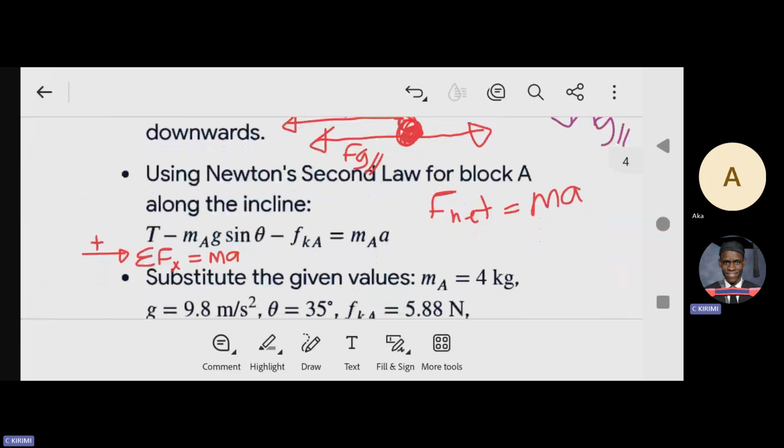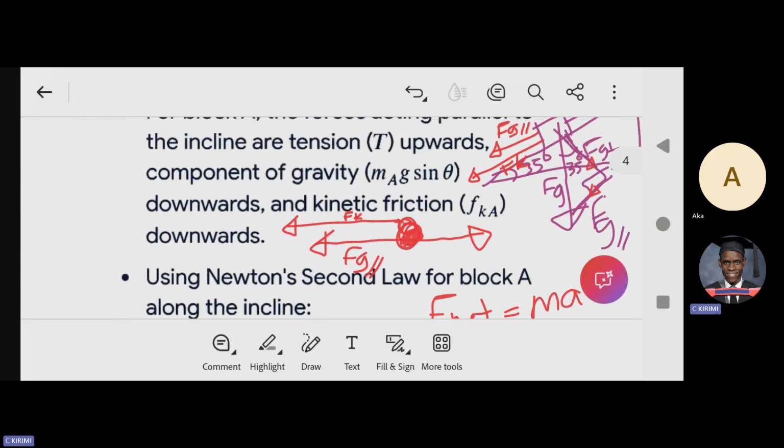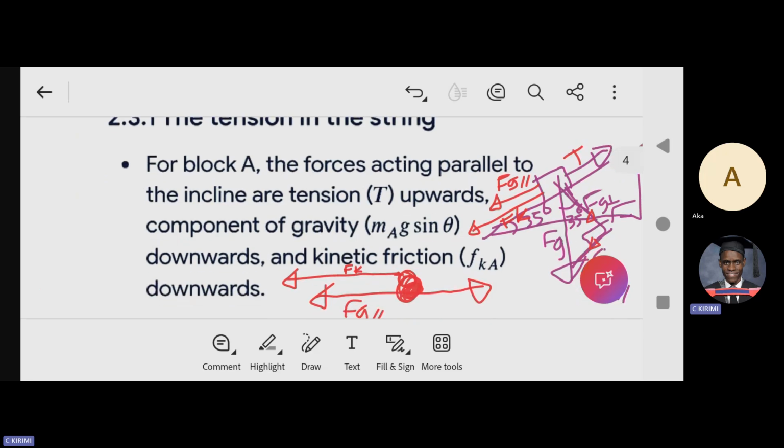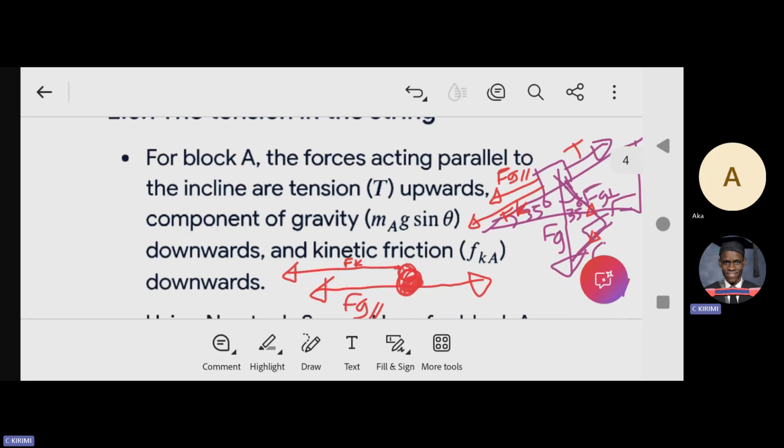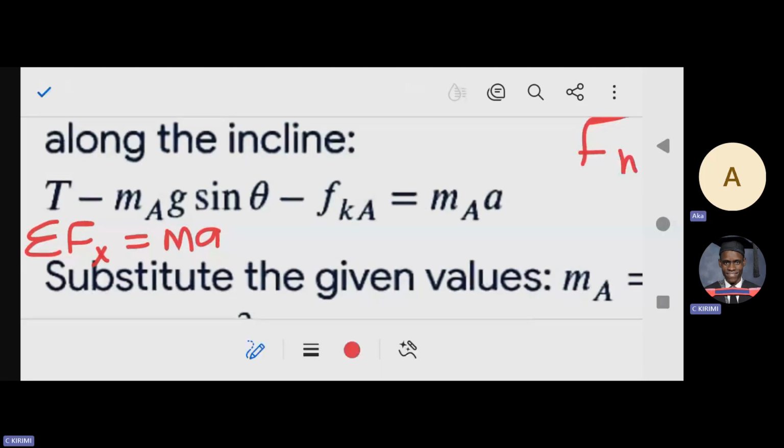But we said we are taking the right-hand side as positive. The arrow is saying taking the right as positive, which means the arrow of T, can you see the position for the arrow of T? It is going upward, which means it's a positive T. Then the other two arrows are facing backwards.